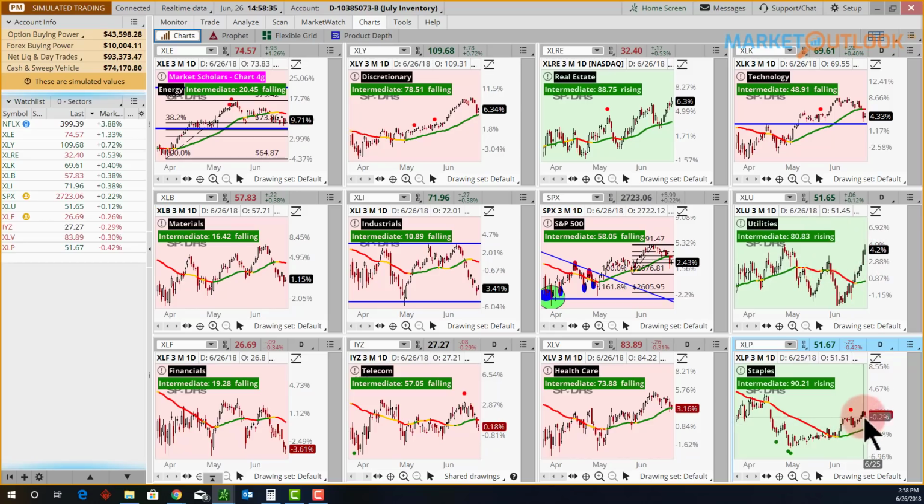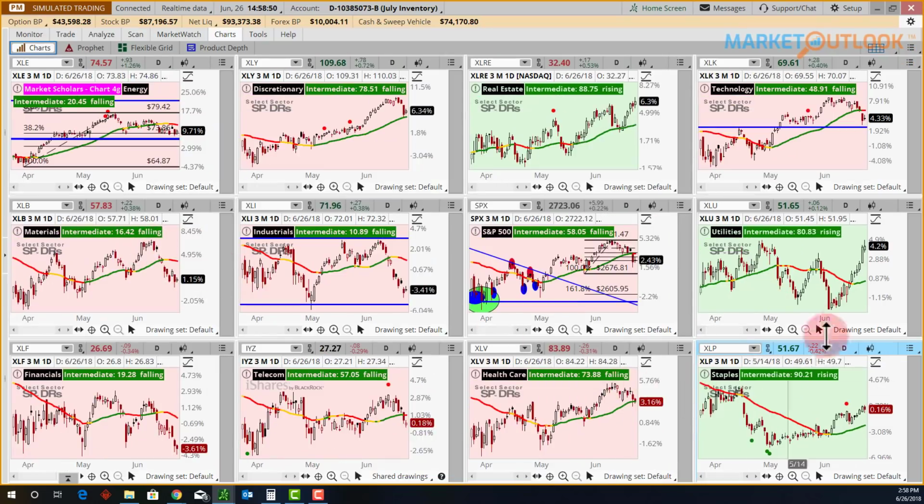Staples, same thing, still rising above a moving average with a slight pullback, and healthcare as well, pulling back to support with the opportunity to bounce there. So yeah, there's these three safe haven areas down here in the bottom right corner that kind of lagged behind, but they're still strongly bullish, and real estate's up there too, along with discretionary.